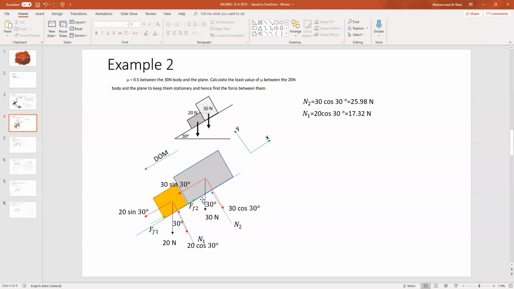Do you mean, as I remind you guys, if you're moving from the force towards the angle, we always use cosine. If you're going away from it, we always use sine. The same thing here: 20 cosine 30, and 20 sine 30 if you're going away. That's maybe the easy way to remember it.